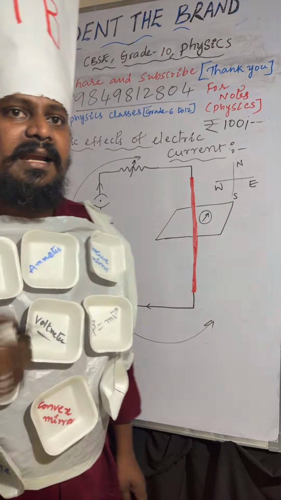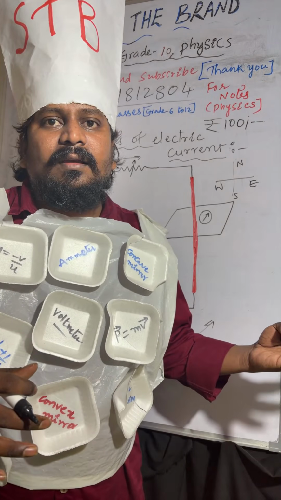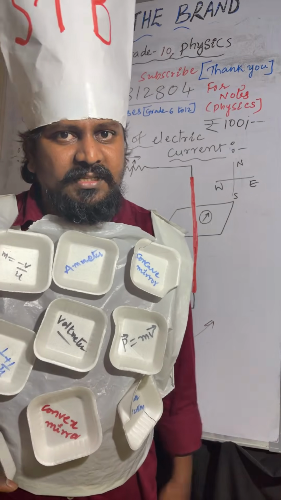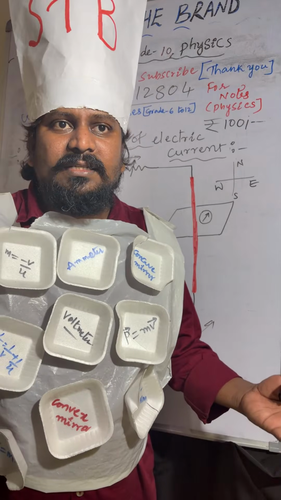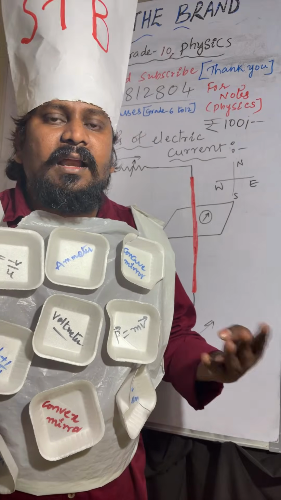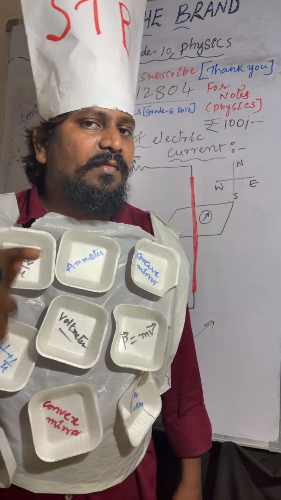So by that we can understand one thing: if you change the direction of the current, automatically the direction of the magnetic field also changes. That is one point.